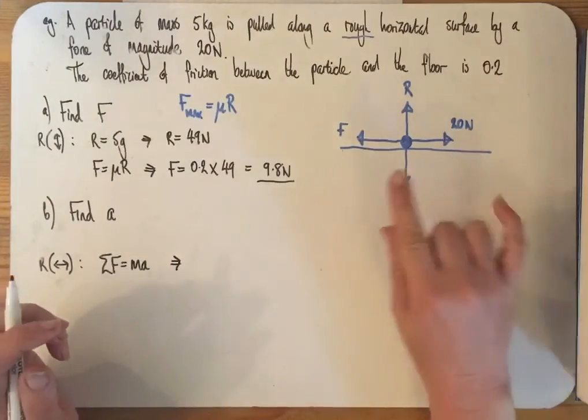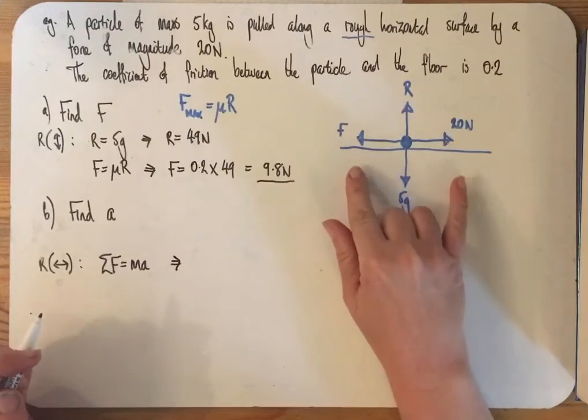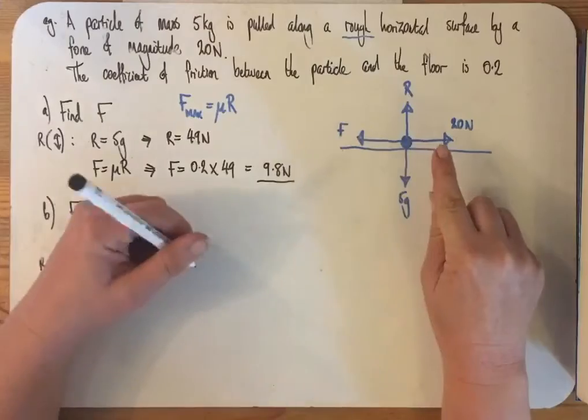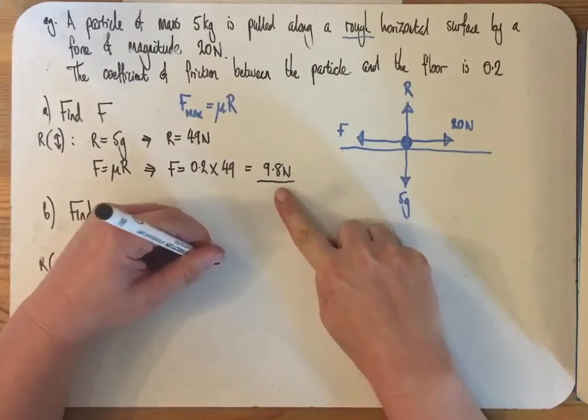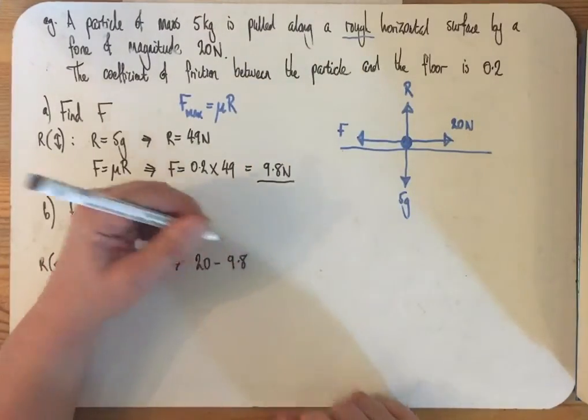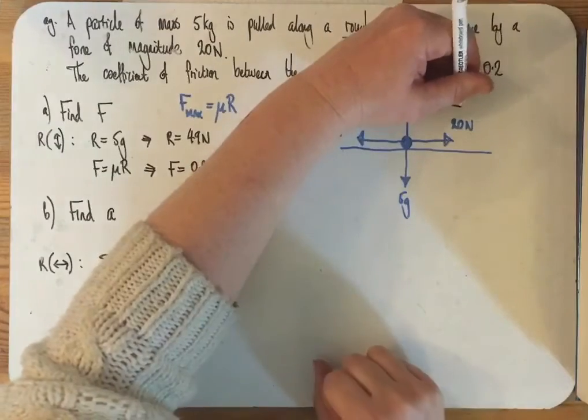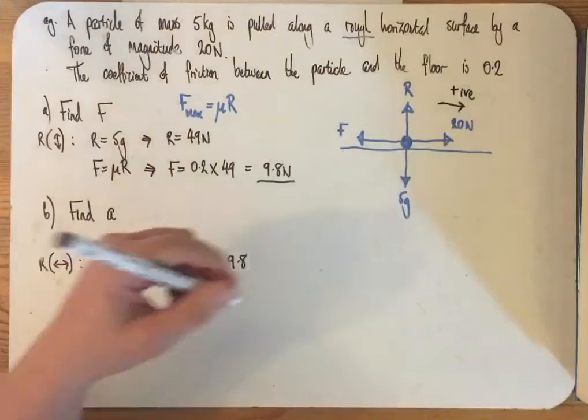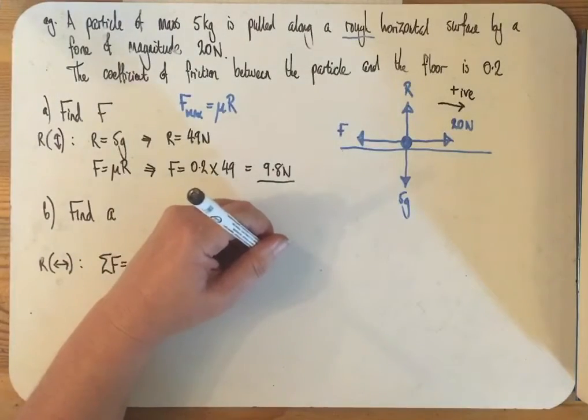And so resolving parallel to the surface, 20 minus F, so 20 minus 9.8. It's moving this way, so I'm taking that direction as my positive. And that's equal to ma.